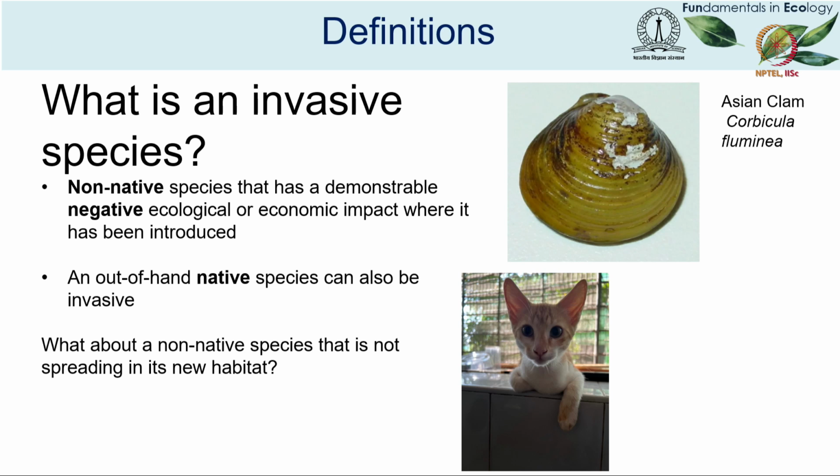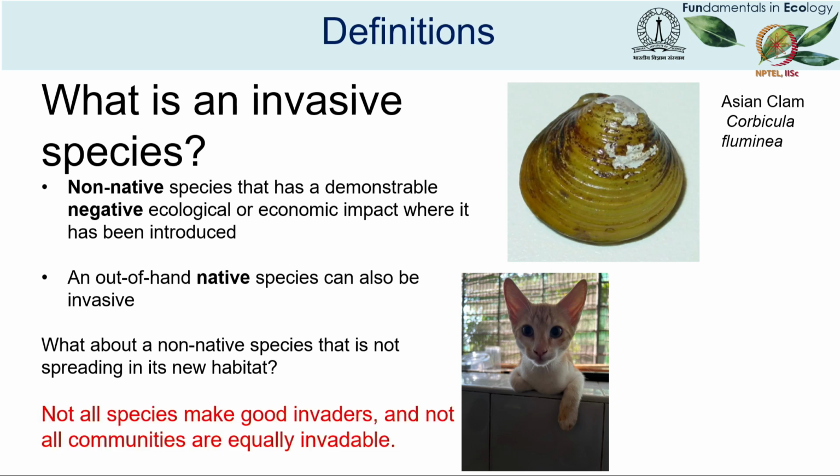So if a plant or an animal is brought into a new place and it doesn't spread, it just is there, such as in a garden, it's not considered an invasive species. An important thing to keep in mind, of course, is that even though there's a lot of invasive species globally, not all species make good invaders, and not all communities are equally invadable.